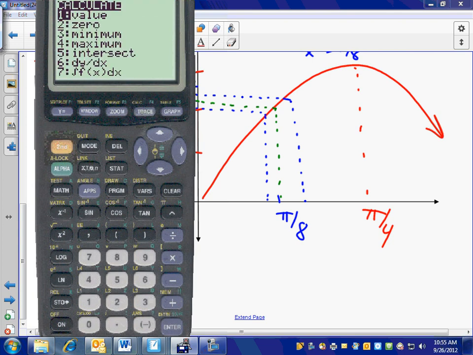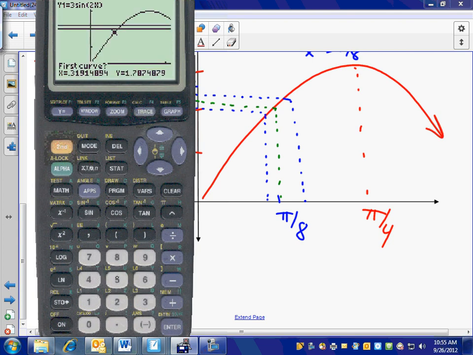Second, calculate, intersection number 5. And that is a curve that I want to use. And it looks like it's going to do the top line first. That's fine. I won't guess. If there's more than one intersection point between a curve and another curve, then you guess, you move it closer. So then it knows where it should guess.